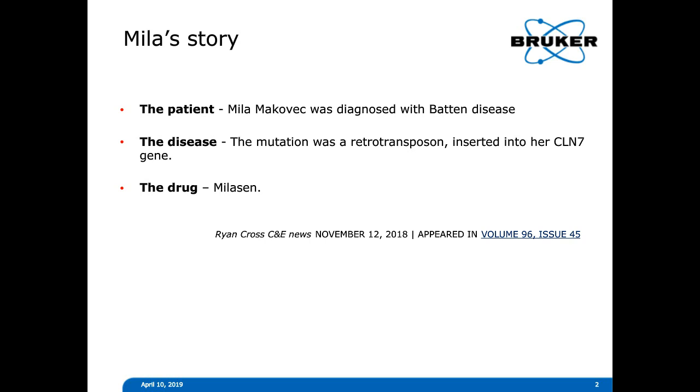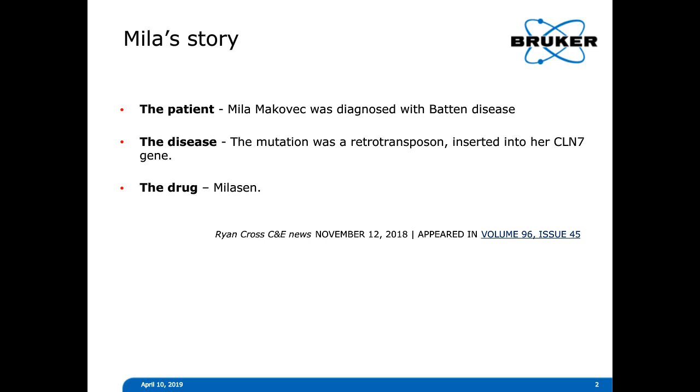The mutation that Mila had inherited was a retrotransposon, which is a 2,000-letter stretch of code that had moved from one portion of her genome into her CLN7 gene and inserted itself there, altering it. This was therefore impeding the function of a critical housekeeping gene in Mila's cell.